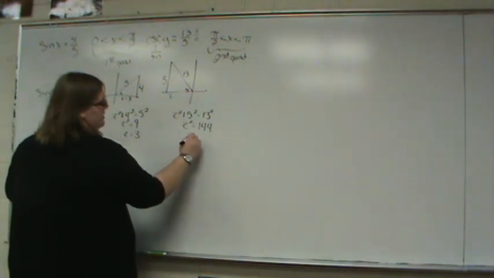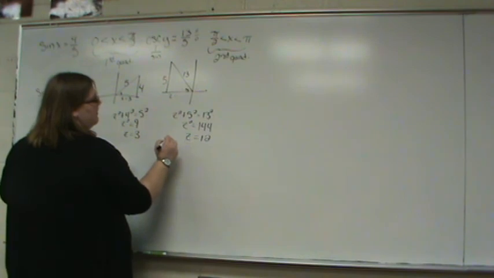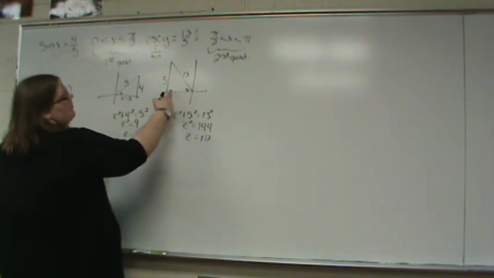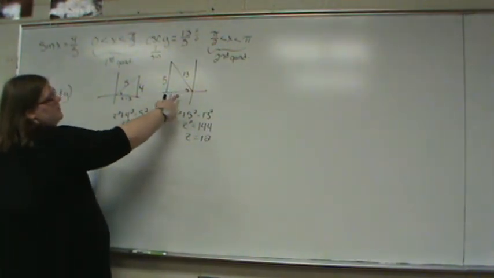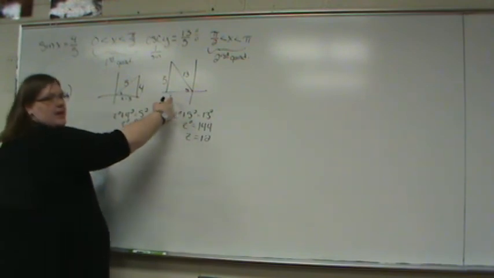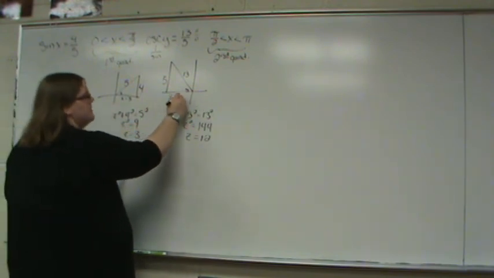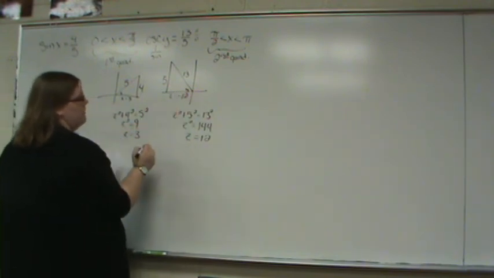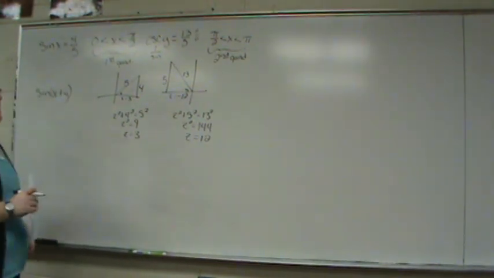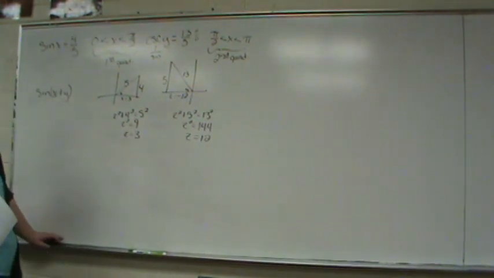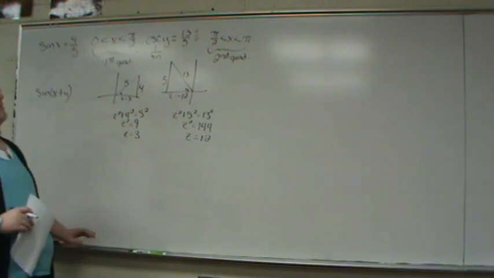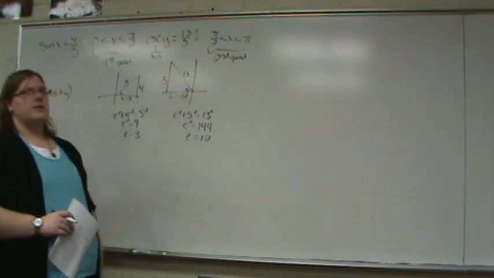So we end up with z equals 12. Now, remember we're in the second quadrant, so our x value is negative. So this is actually negative 12. So make sure you put that negative in. That's why they tell you which quadrant you're in.